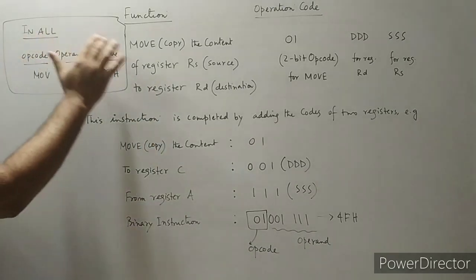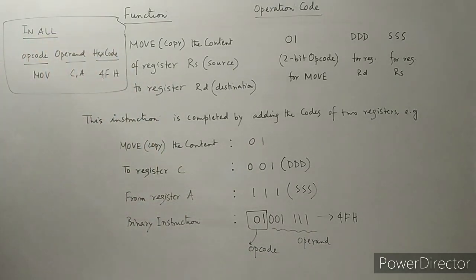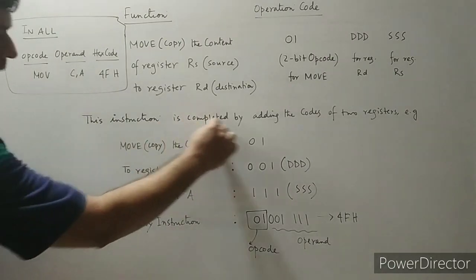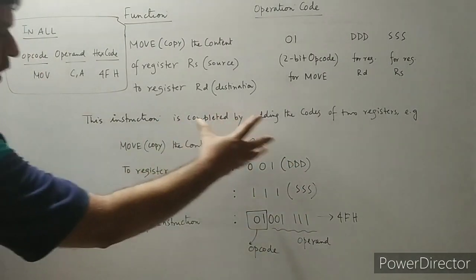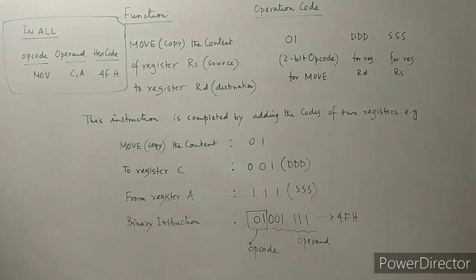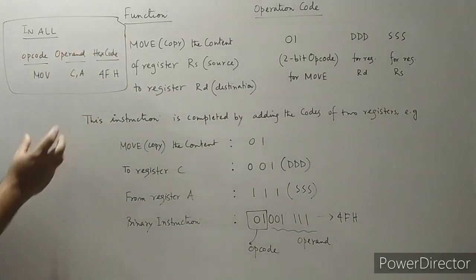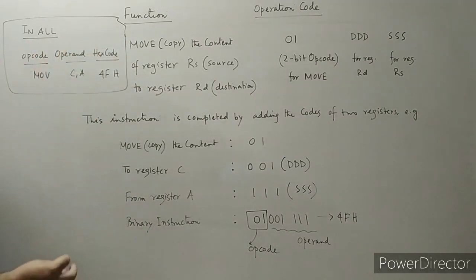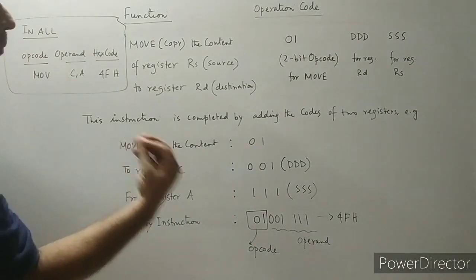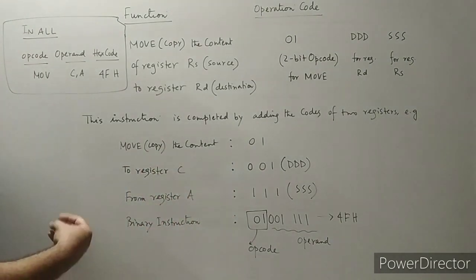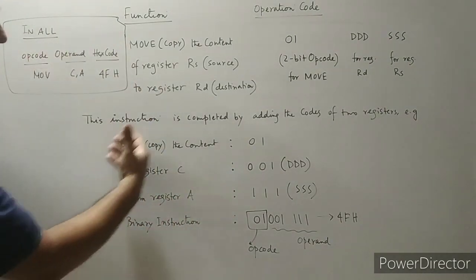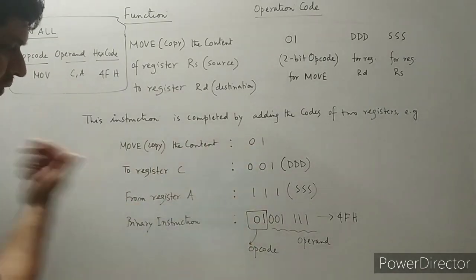Inside the microprocessor, this sort of action always takes place. We simply write opcode, operand and hex code in assembly language, but inside the microprocessor the instructions are executed like this.